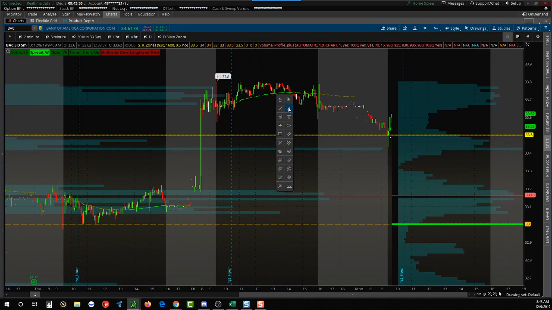Watch the overhead resistance at the quarter, 33.5, 33.75. This price shelf is going to be your resistance.